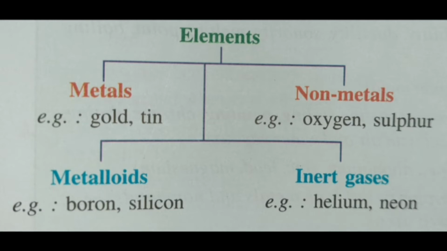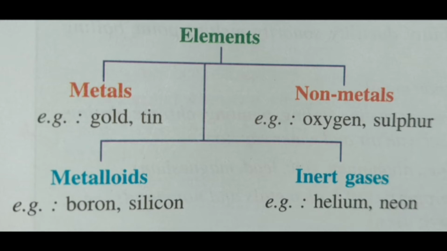As I told you, the elements are usually divided into metals and non-metals, and there are more classifications: metalloids and inert gases. First, for the metals, examples you can see are gold, tin, etc. For the non-metals you can see oxygen, sulfur, carbon and many more. But there are also some elements that show the properties of both metals and non-metals. They are known as metalloids.